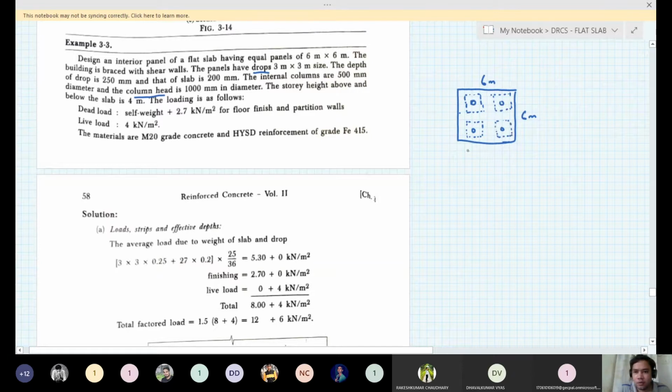Okay, so you have a drop of size 3 meter by 3 meter.